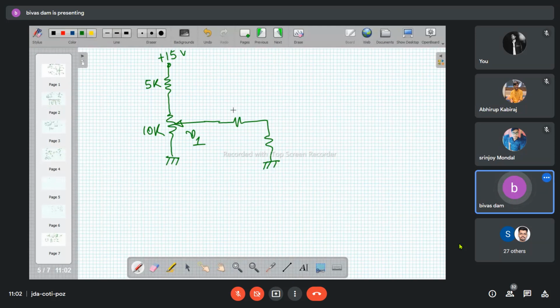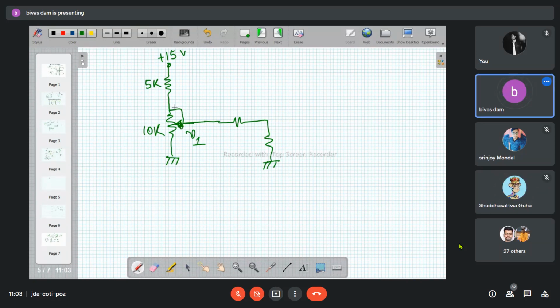Let me go for the maximum possible V1 value. When will you get the maximum possible V1 value, for which wiper position? Top. Yeah. When it is connected here, is it not? Yes, sir. The maximum V1 value will be available when the wiper position is in the topmost position, and 0 when the wiper position is at the bottommost position. Okay? Hope this is clear.